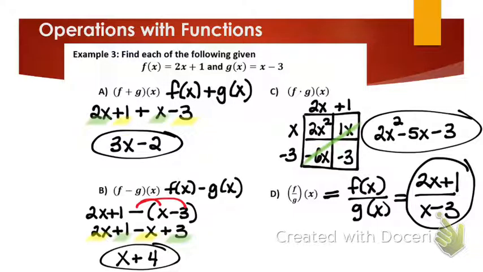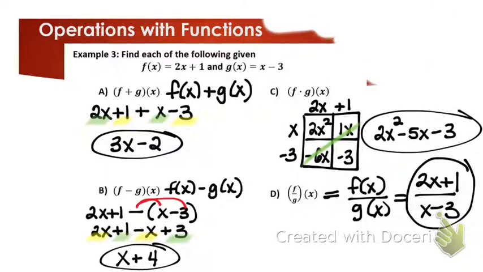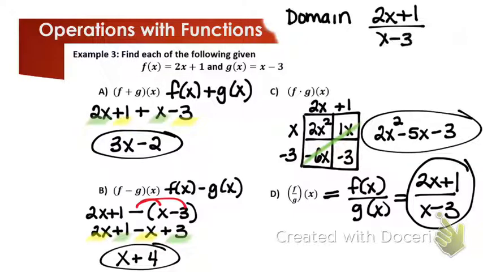I'll write the domain at the top of the screen so that it's not too low, because I know at the bottom it's hard for some people to see. So your domain for the function 2x plus 1 over x minus 3 would be negative infinity to what?